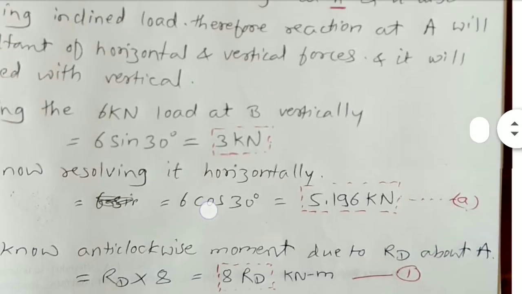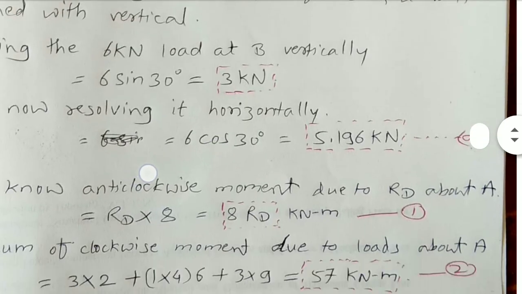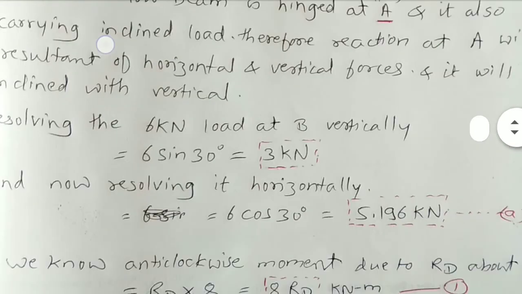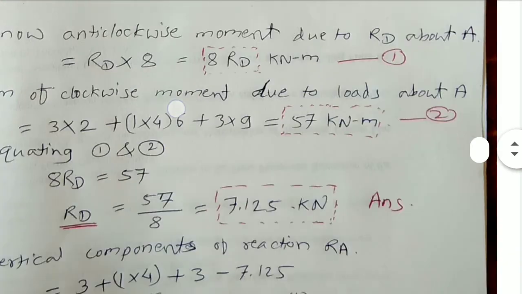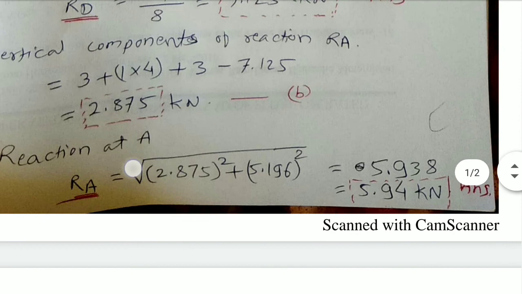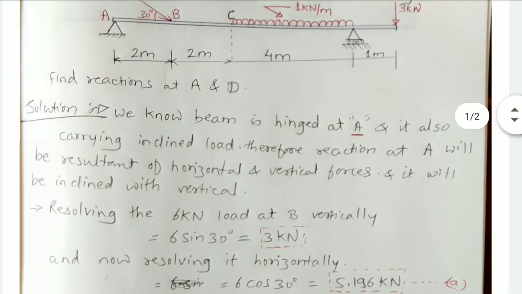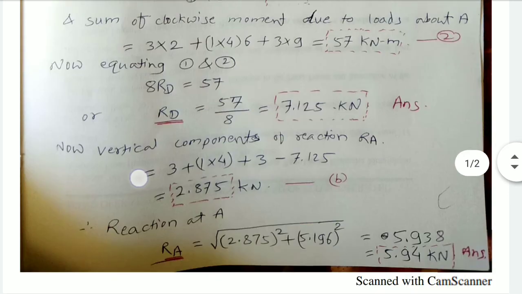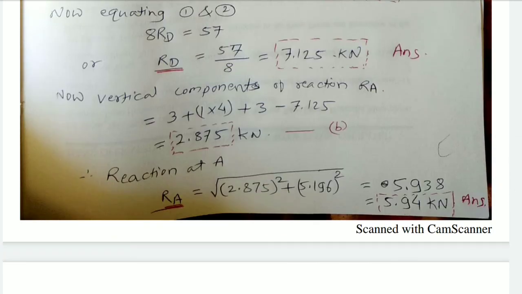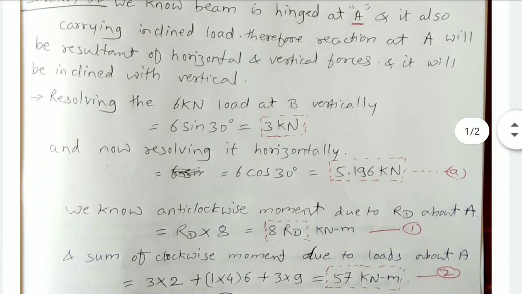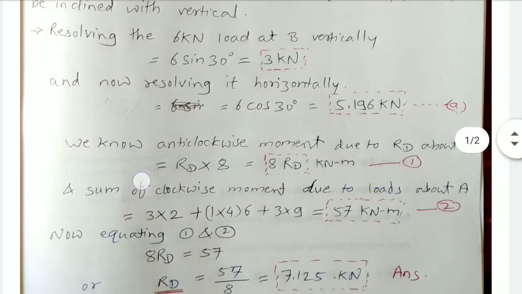As we know, the horizontal component of the inclined force is 5.196. Now for the reaction at A, as we wrote earlier, it is the resultant of the horizontal and vertical forces. The vertical force is 2.875 and the horizontal force we have already resolved, that is 5.196.